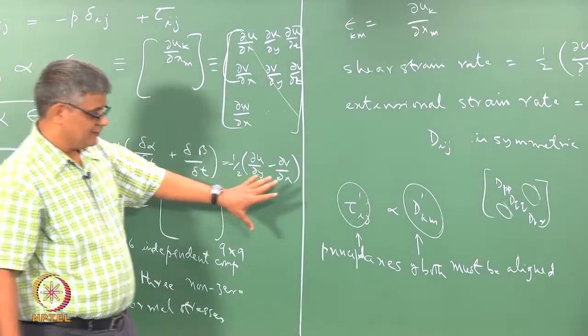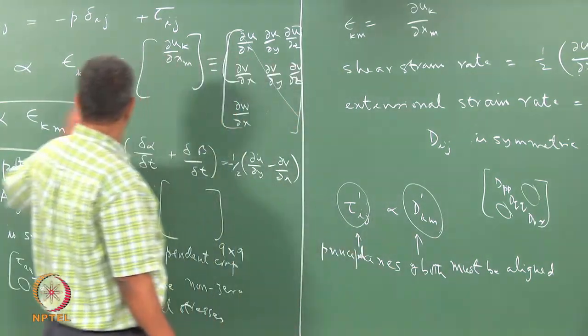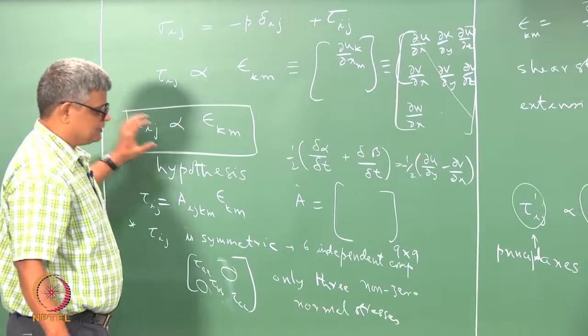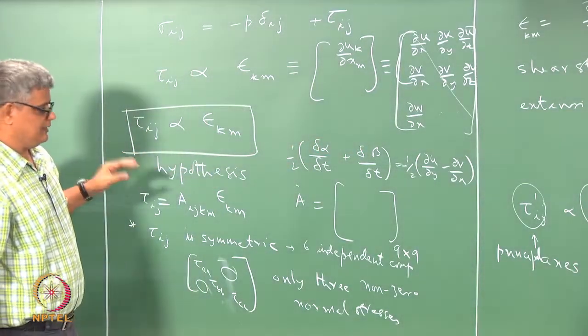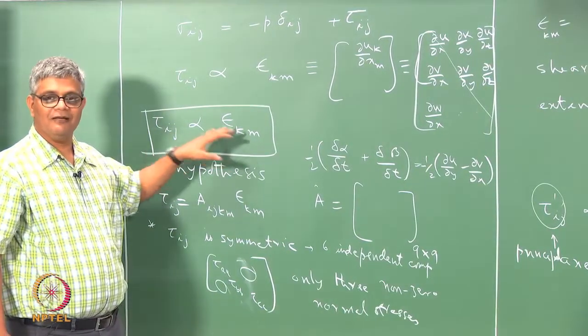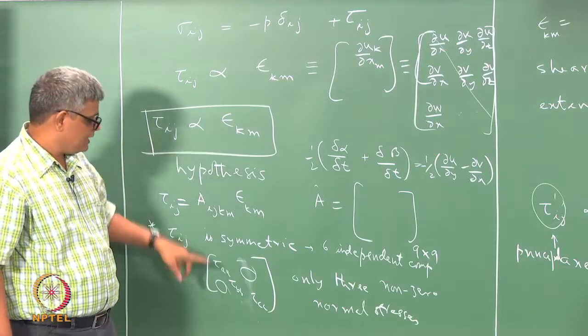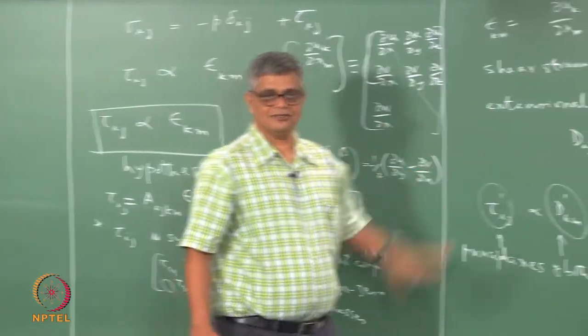So, that means that we can now say that we are seeking a relation between not 9 by 9 components, not even 6 by 6 components. If we say that we are going to have a linear relation between this and this, mathematically you can only have 3 independent components here and 3 independent components here.